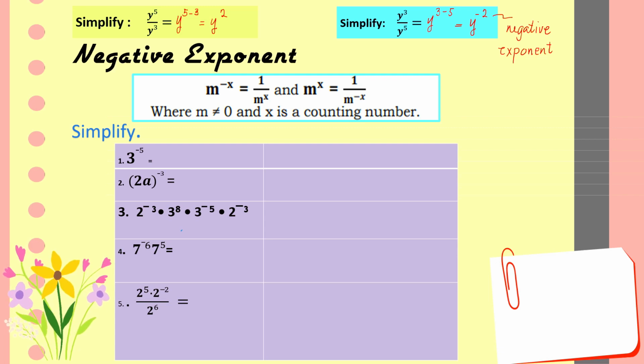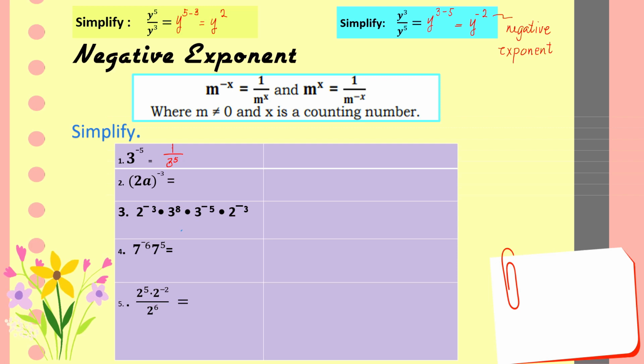So, let us apply this concept to the following example. Number 1, 3 raised to the negative 5. So, again, sabi ko nga, ikukuha natin yung reciprocal, 1 over 3 raised to 5.